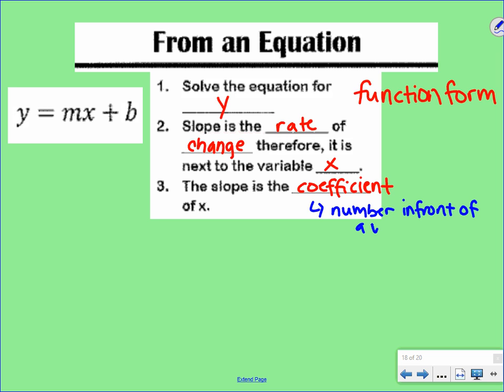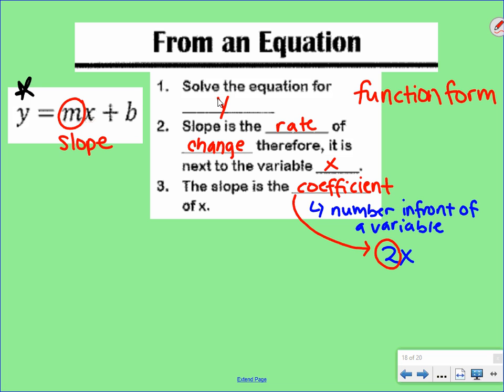So if we had 2x, 2 would be the coefficient. So if you look up here at this equation, y equals mx plus b, m is your slope. It's the coefficient of x, it's the number next to x.